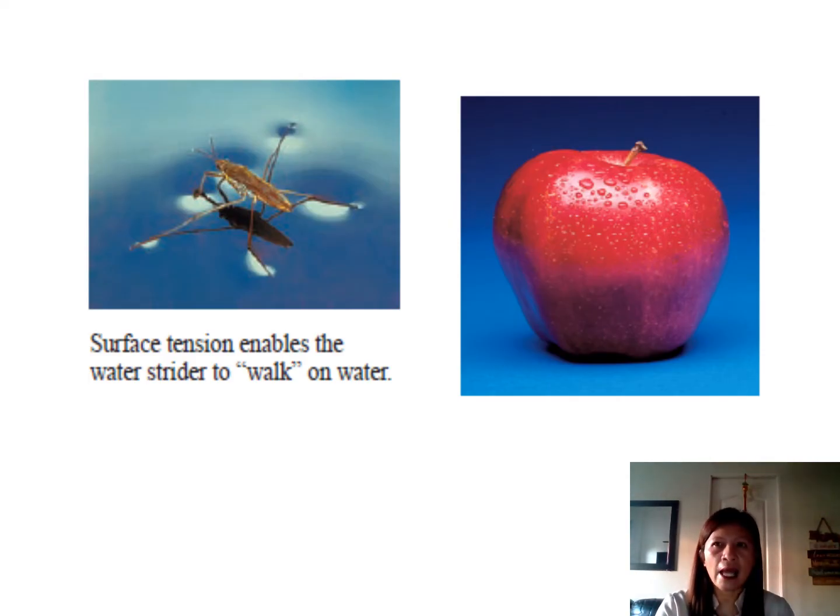And also because the insects are not heavy, for example in this image, the water strider, the weight of the insect or this animal is not sufficient enough to break the chemical bond that exists between the water molecules. So the water is resistant to increase in its surface area. So that's the reason why insects are able to walk over the water or some other liquids.